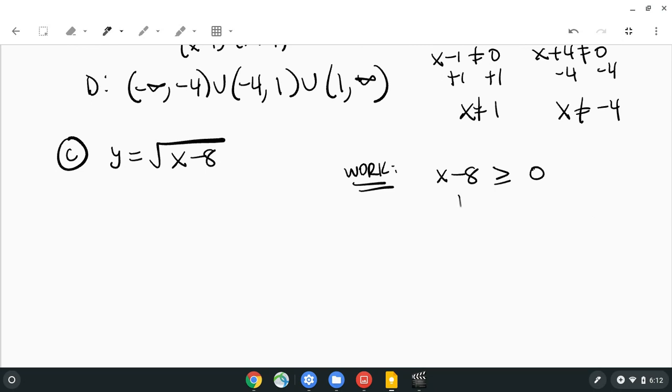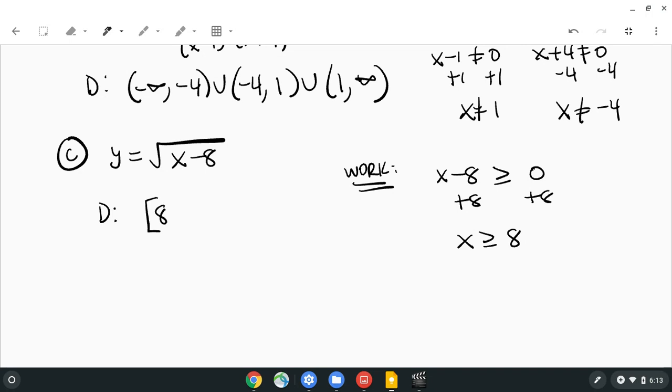Then solve this. x is greater than or equal to 8. That's your domain. The way we say greater than or equal to 8 is, we start at 8, and we can include 8 here because it's greater than or equal.